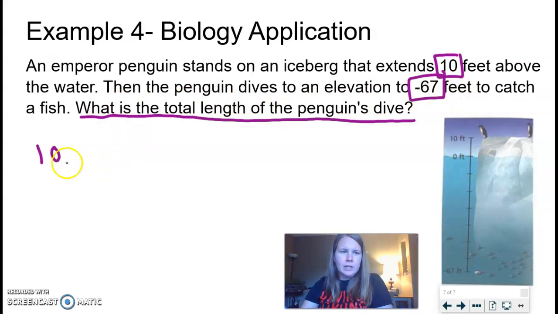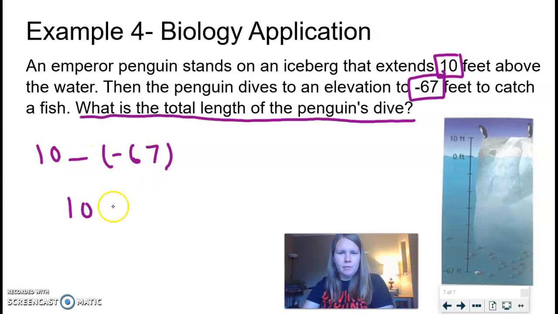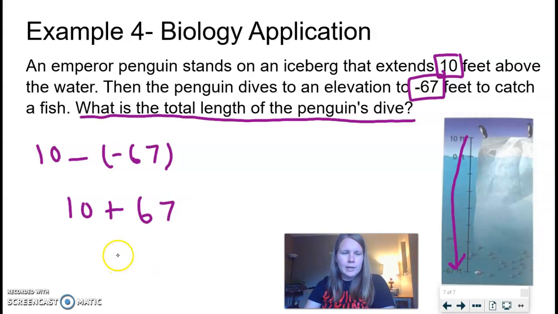So he's decreasing in elevation, so we're going to subtract it. Well, to change this, we change it to adding the inverse or the opposite. And so I end up adding a +67. So to get how many feet he went all the way down here, I add the two, and it was 77 feet in his dive.